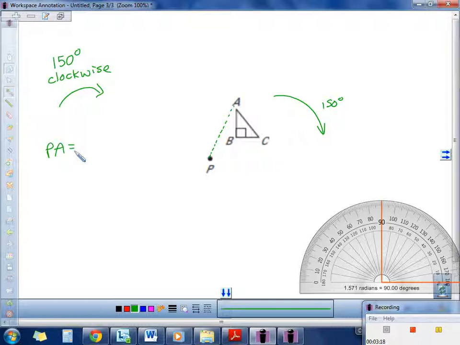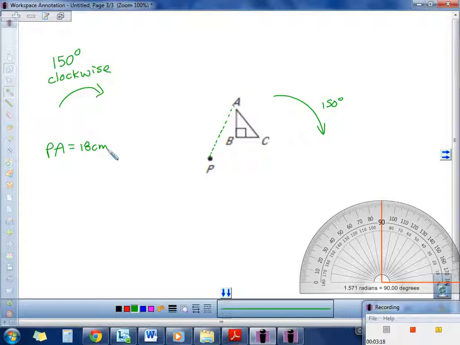So measure it on your paper, and you all tell me what it is. On my picture, it's 18 centimeters. What is it on yours? About 2 centimeters. So write that down.